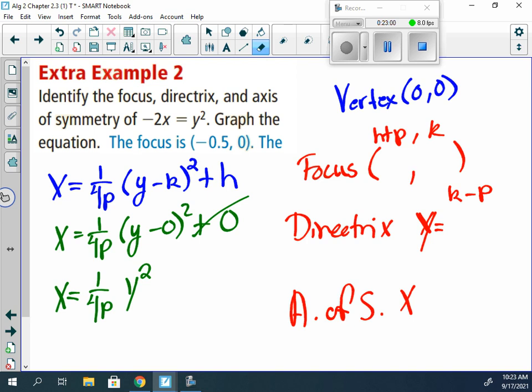Yep, I did have that right. It was x equals, and this is y equals h minus p.